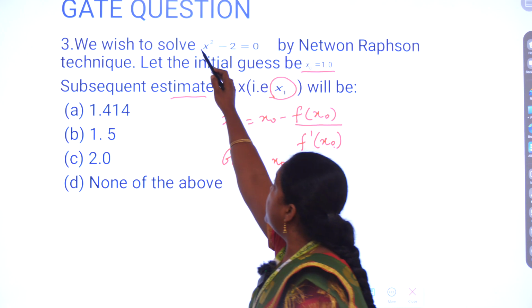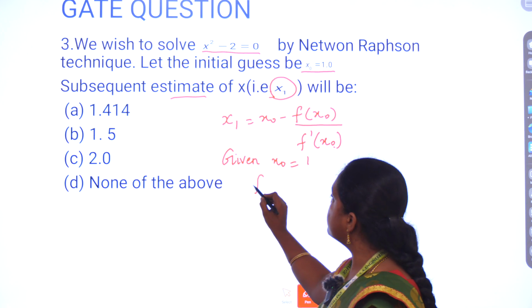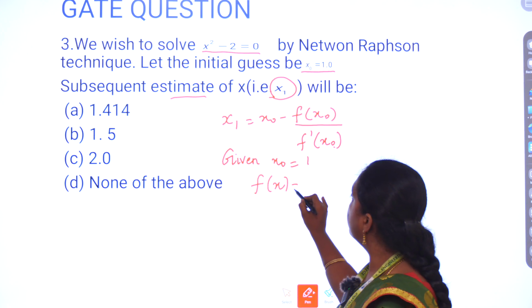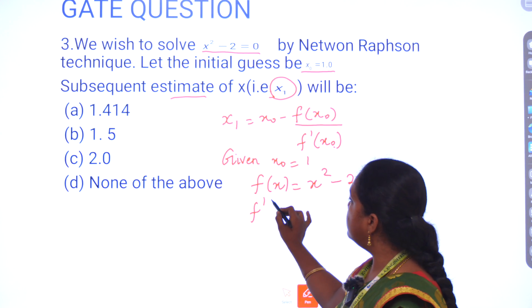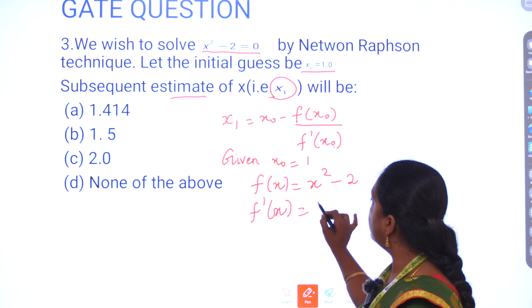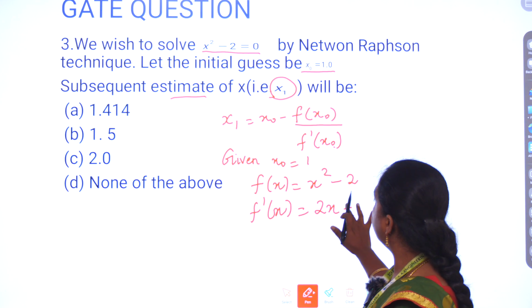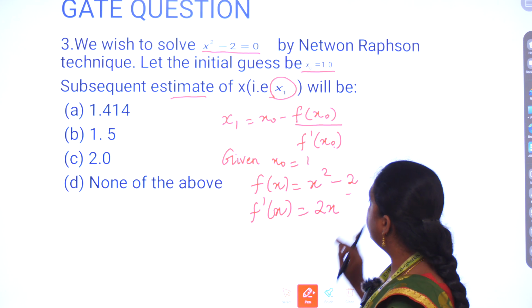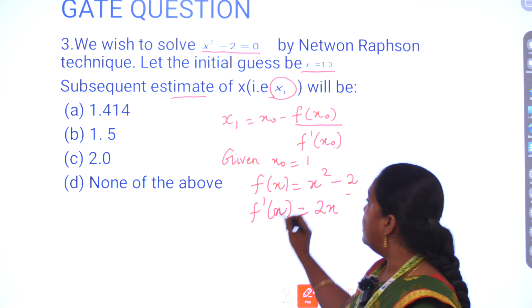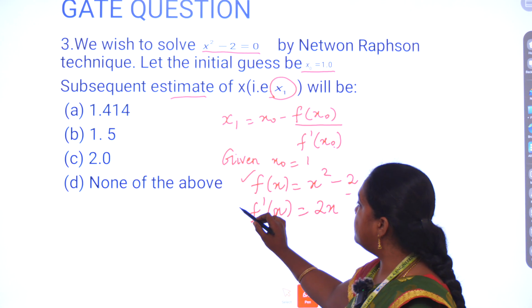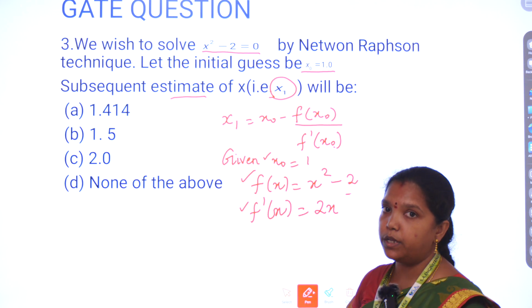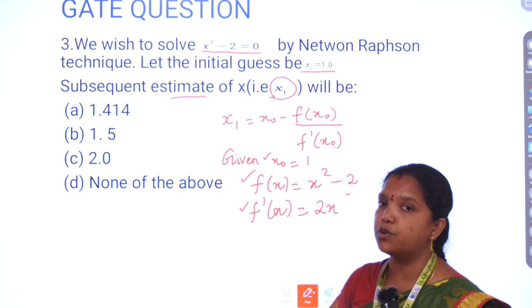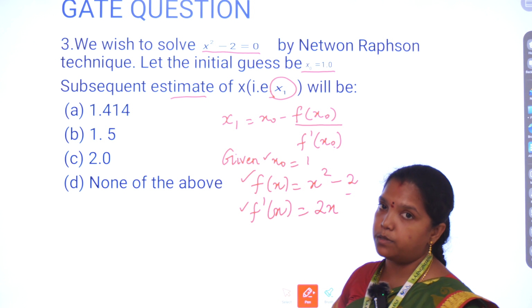We consider the given equation to be f of x. Next the derivative of this one, 2x. So we know f of x, we know f dash of x, we know the x naught value. We are going to substitute that in the initial approximation root value to get the next approximation root.